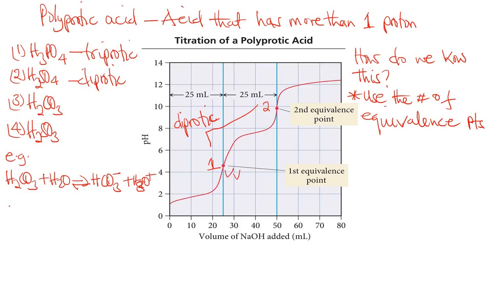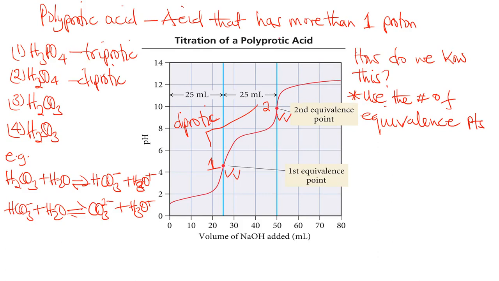And then this one will also react with water to form this one and a hydronium ion. That's where you see the second equivalence point. So having two equivalent points means you have a diprotic acid.